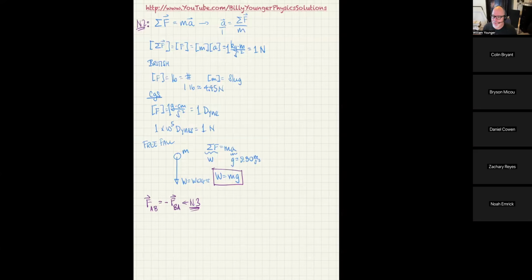So if I reach the conclusion that I applied a 500 newton force to the starting blocks, then I can reach the conclusion that the starting blocks applied a 500 newton force on me forward, and then I could put the 500 newtons forward on the left-hand side of Newton's second law, put my 110 kilograms on the right-hand side, and then solve for a. So that's part of the importance of Newton's third law. Anybody have any questions on that?